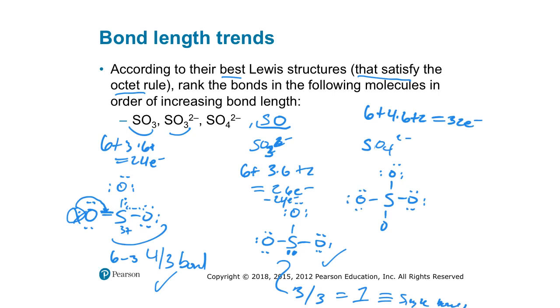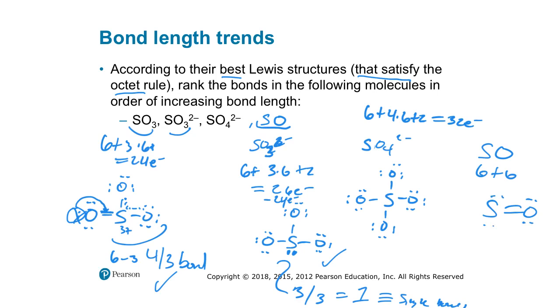We're satisfying the octet rule. So we have single bonds. Okay, and then finally we have the SO double bond. Let's work out that it's double because for SO it's 6 plus 6. So S double bond O, lone pairs just like O2 for a double bond.